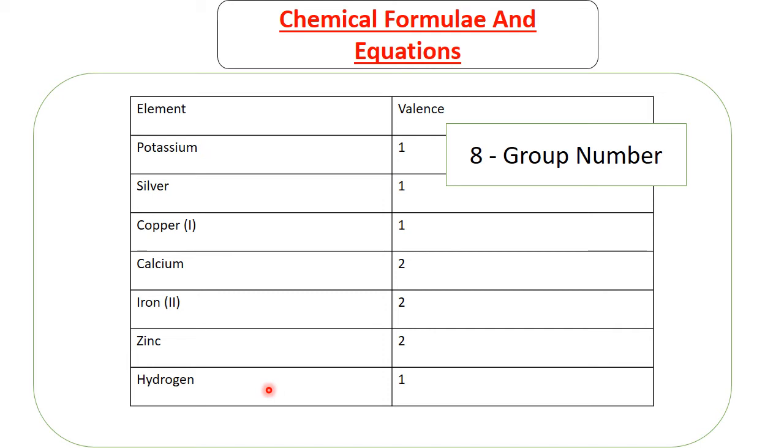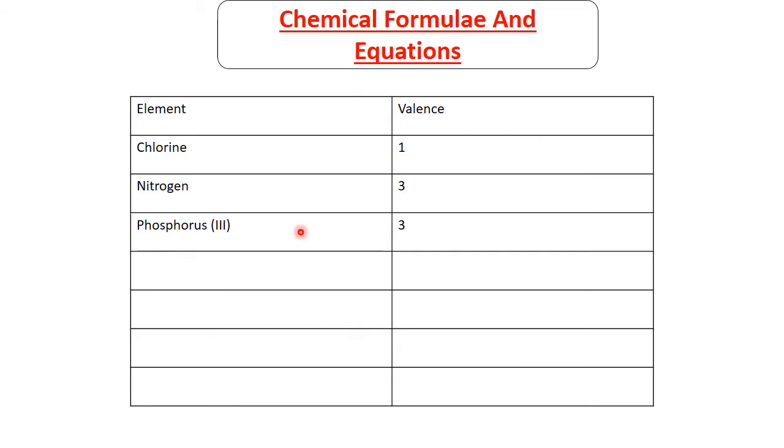So hydrogen behaves as if it is in group 1 and also as if it is in group 7. For that, 8 minus 7 gives you 1. So hydrogen has a valence of 1. These are other non-metals. Chlorine is in group 7, 8 minus 7 is 1. Nitrogen is in group 5, 8 minus 5 is 3. Phosphorus 3, this one they have stated as phosphorus 3 because of this. So the valence is 3.